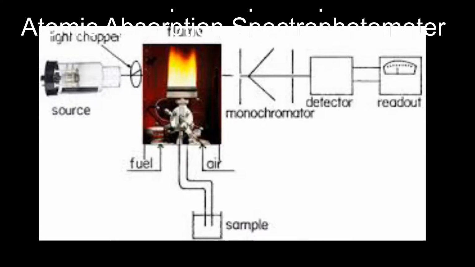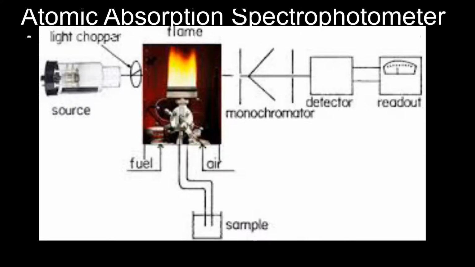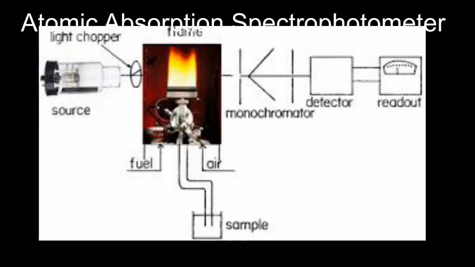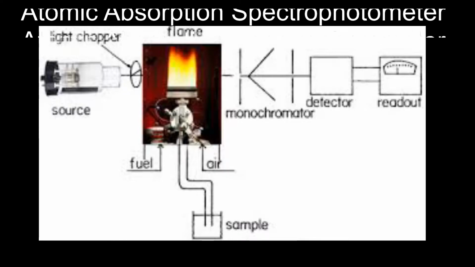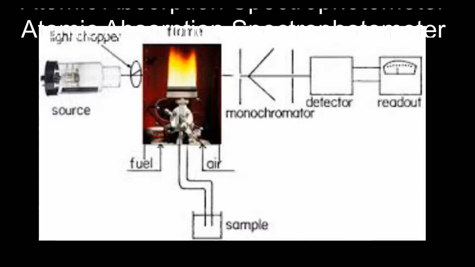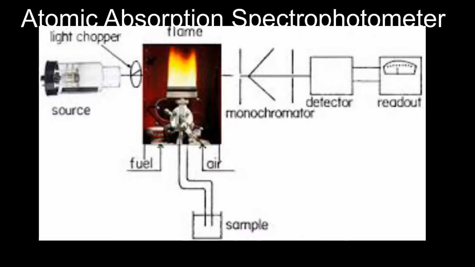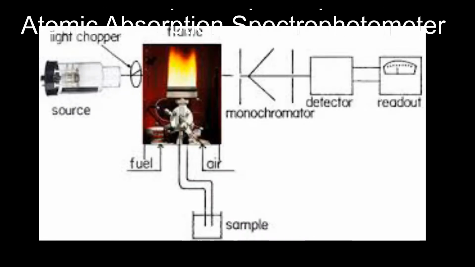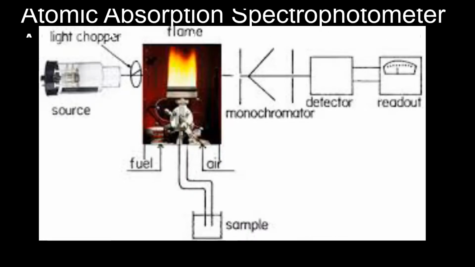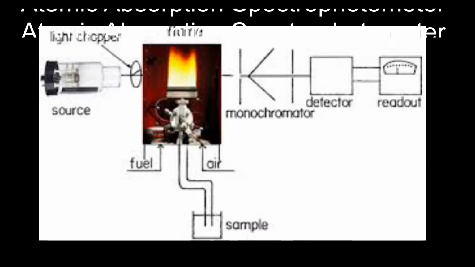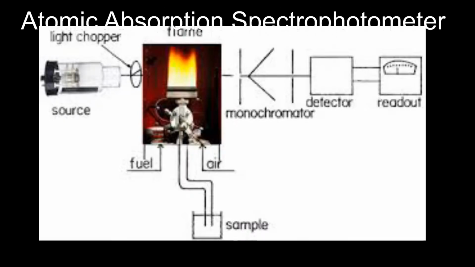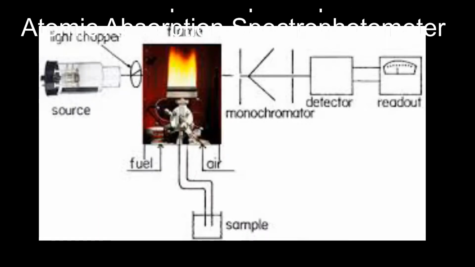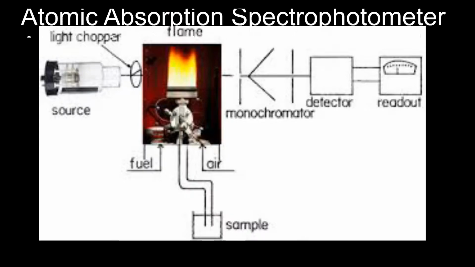If light of this characteristic wavelength is allowed to pass through a flame containing these atoms, absorption takes place. The amount of radiation absorbed is proportional to the number of unexcited atoms present in the flame and hence is independent of the flame temperature.